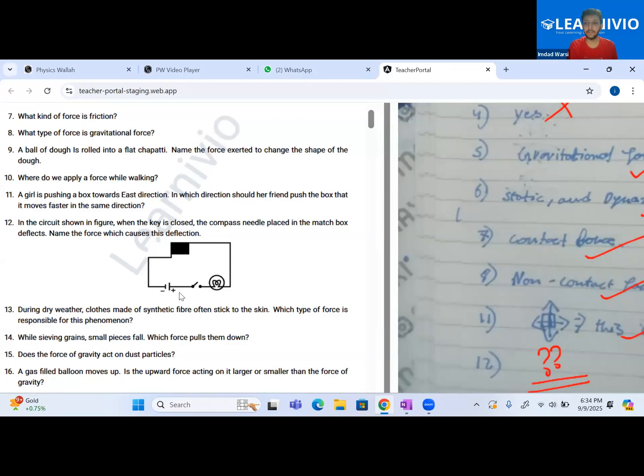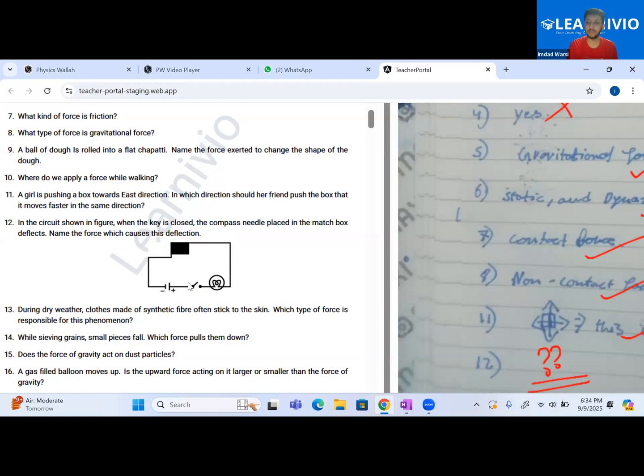I didn't understand the needle and the matchbox thing. Is the black thing a matchbox? Yes, that is a matchbox. It was just asking to name the force which causes the deflection. What we saw in the last lecture is that if ions are involved, we can see minus and plus here. That is electrostatic force.